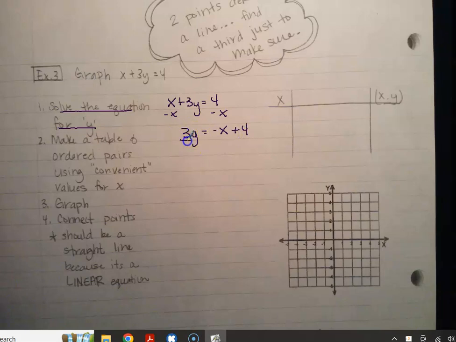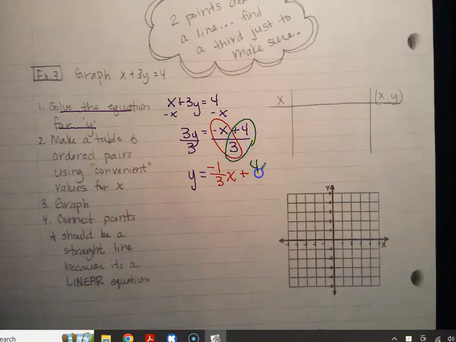We need to get y by itself, so we're going to divide by 3. Each of those parts is going to be divided by 3. So we have y equals negative x divided by 3, then plus 4 divided by 3. So plus 4 thirds. Not the best problem maybe to start with, but it's fine.